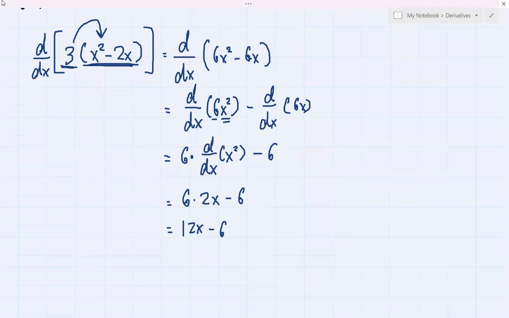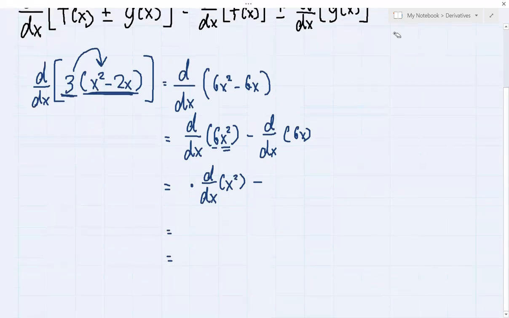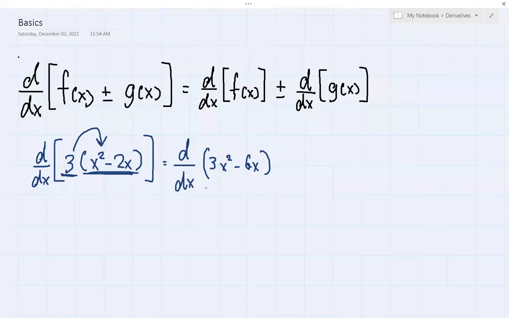Ay, wait, mali pala ako. Ay, teka lang guys, sorry. Hindi pala 6. Forgive me, let me refix. Once again guys, I would like to apologize. 3x squared pala to guys, 3x squared. Hindi pala to 6. 3 siya. So the same rule lang ginawa natin.